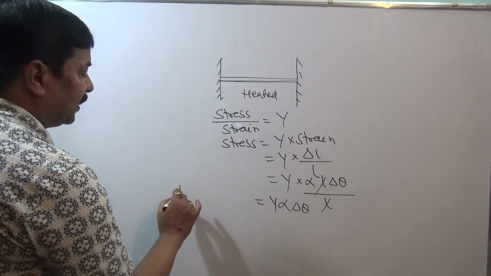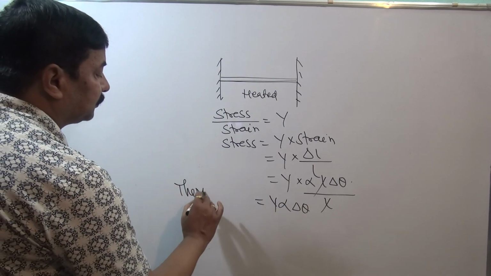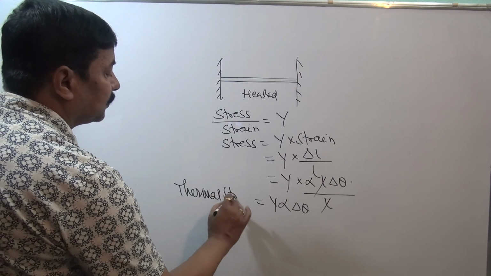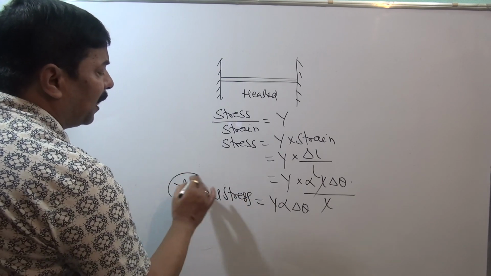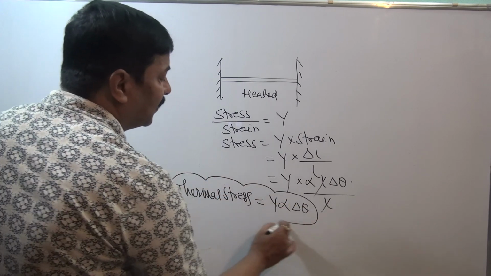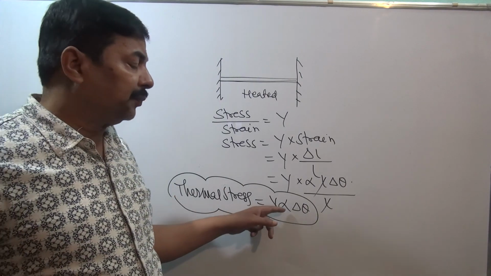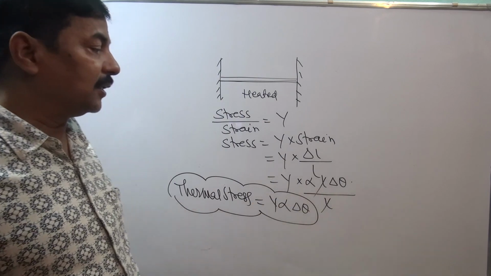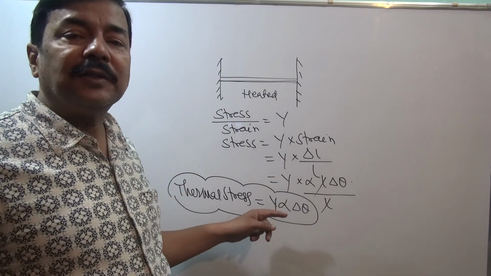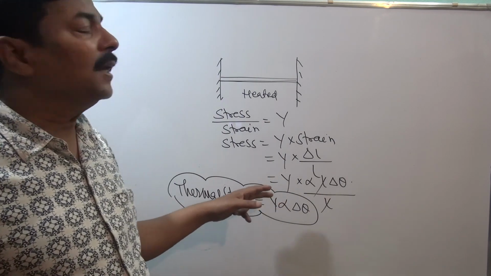This stress is your thermal stress. So you should remember this result as the standard result, that thermal stress is Y into alpha into delta theta, where alpha is the coefficient of linear expansion.